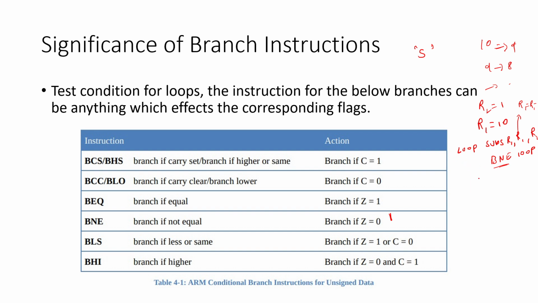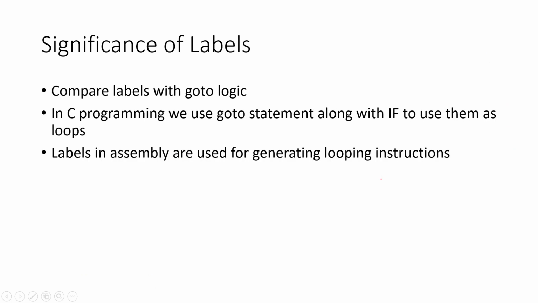So if I have some lines of code above these instructions, until R1 becomes 0, the program control will not transfer from this loop to other instructions. So this is the advantage of using branch instructions along with labels. These are some of the methods. Moving forward, we'll see the significance of labels.